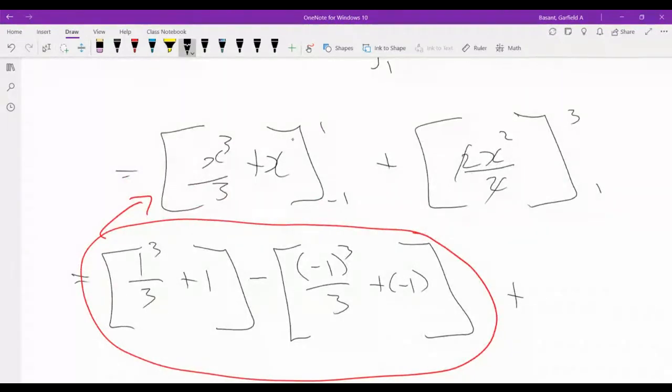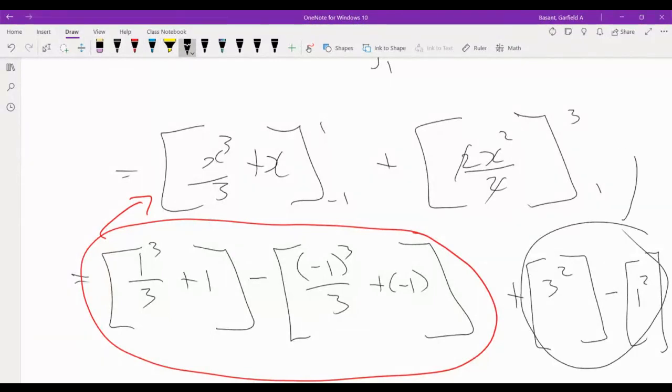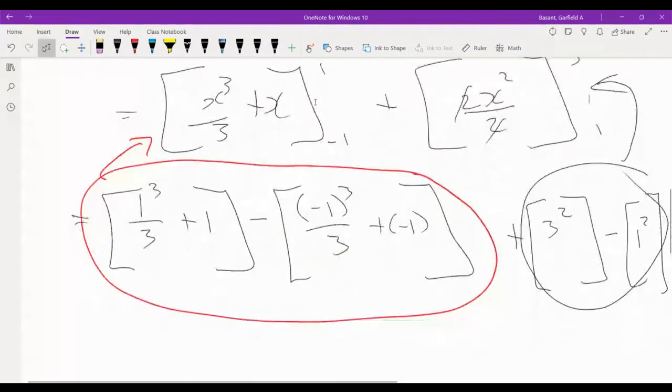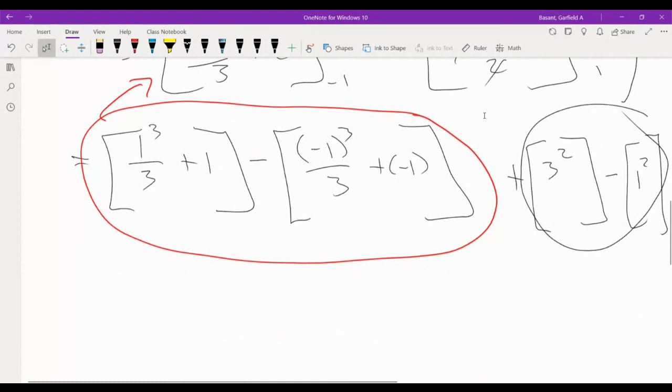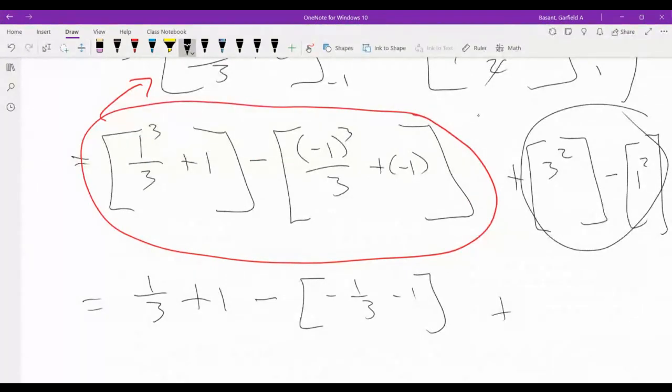This becomes 3 squared minus 1 squared, and all of this was the second piece. So it's more arithmetic than anything else. It's 1/3 plus 1 minus negative 1/3 minus 1 plus 9 minus 1.